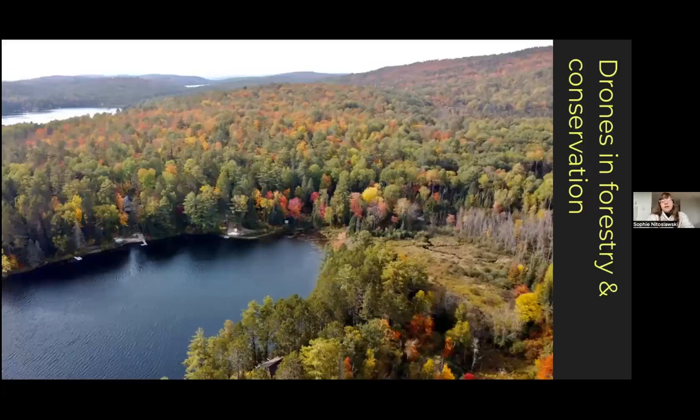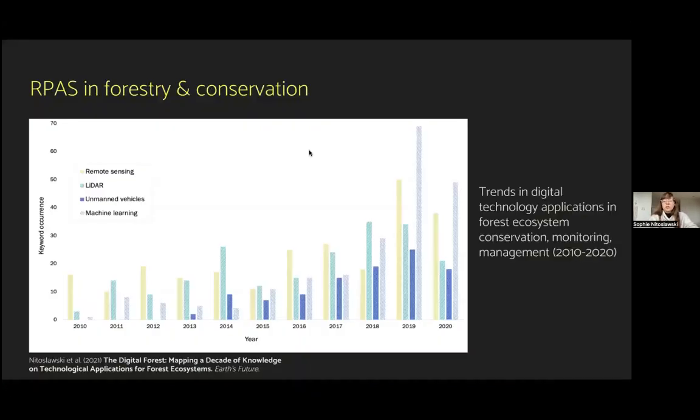So let's talk a little bit about drones in the context of forestry and conservation. You're all here because we've established this problem about counting and classifying trees using drones, but I want to step back a bit and talk about what it might mean to use drones in the forestry context. A couple of years ago, I did a quick literature review looking at different types of technologies in forest ecosystems for counting, monitoring, measuring and understanding them.